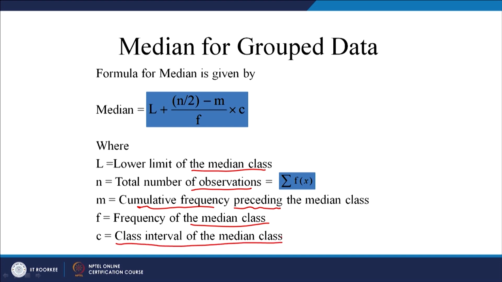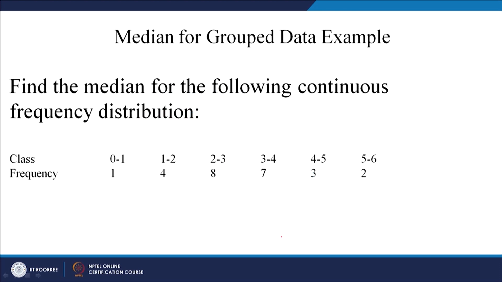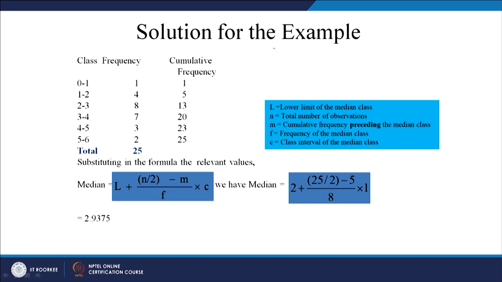So, let us take an example and calculate the median. There are 6 classes, 0 to 1, up to 5 to 6, and you have also been given the frequencies of each of these classes, right. Now, we have to calculate the median. So, the solution to this example is like this. You have got the frequencies of each of these classes, total is 25.